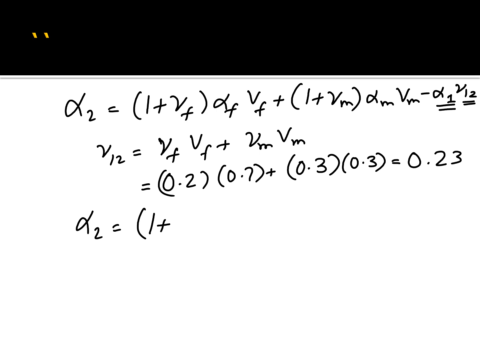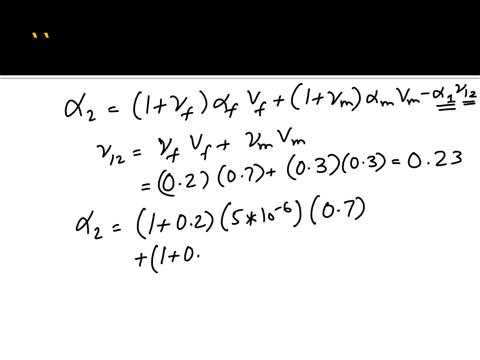So once that's the case, we're going to calculate alpha 2 just by substituting. Nu f is 0.2. Alpha f is given to us as 5 times 10 to the power minus 6. The volume fraction of the fiber is 0.7. And then we have 1 plus nu m, which is 0.3, the thermal expansion coefficient of the matrix is given as 63 times 10 to the power minus 6.